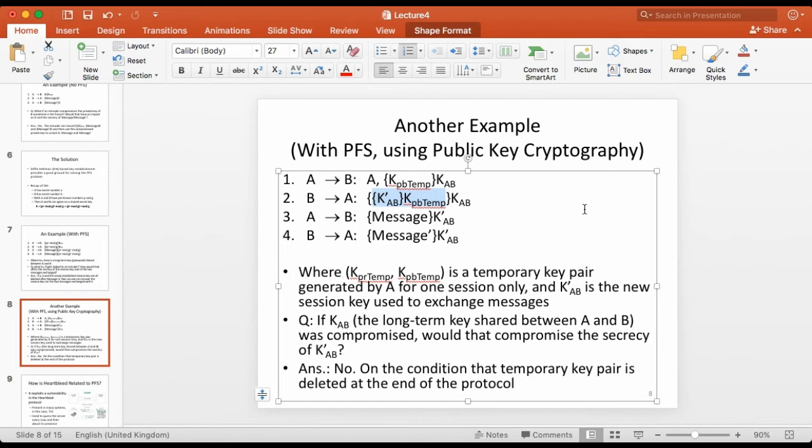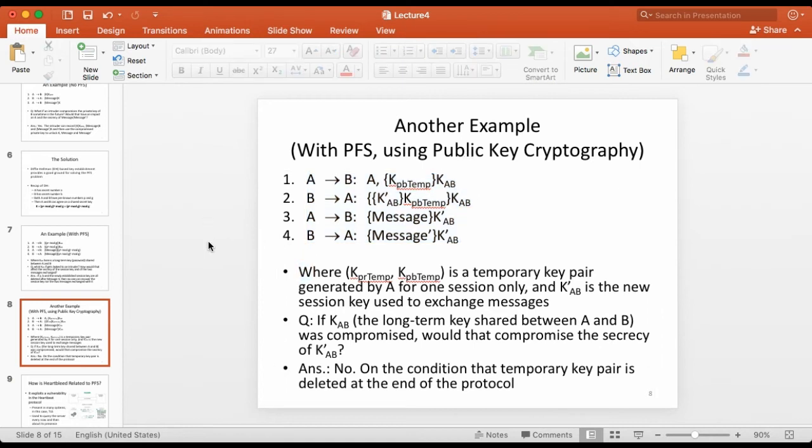So you will have some secure way of deleting the temporary key pair that you generated specifically for communication in one session of this protocol.